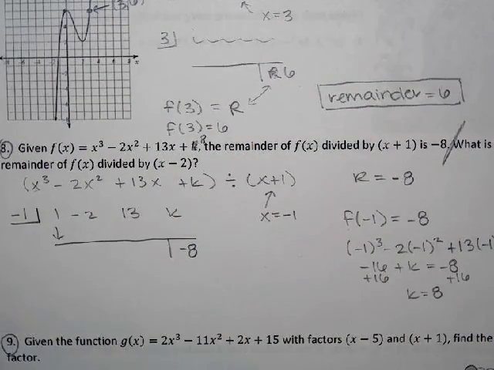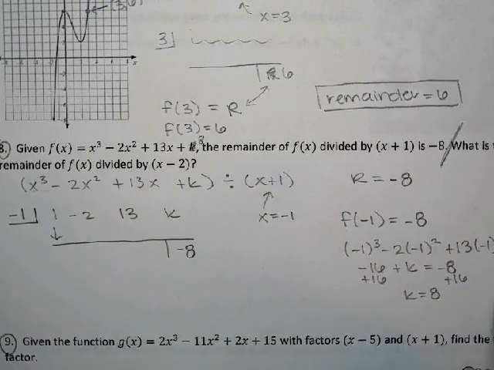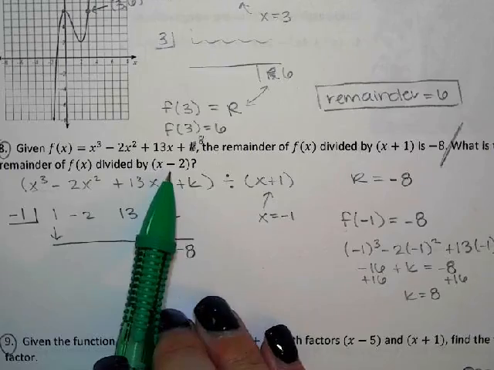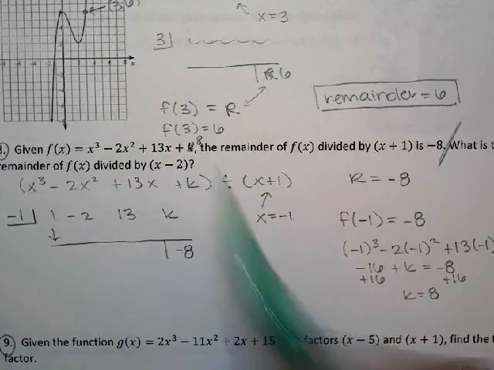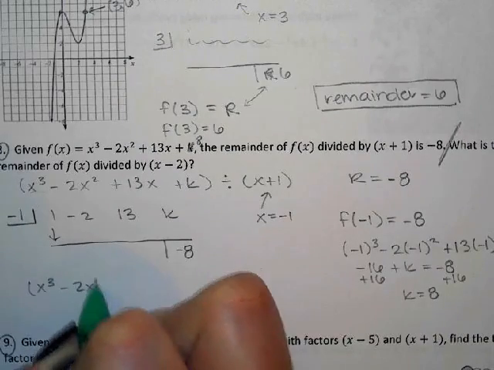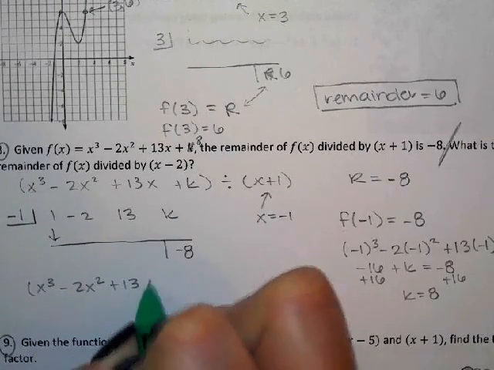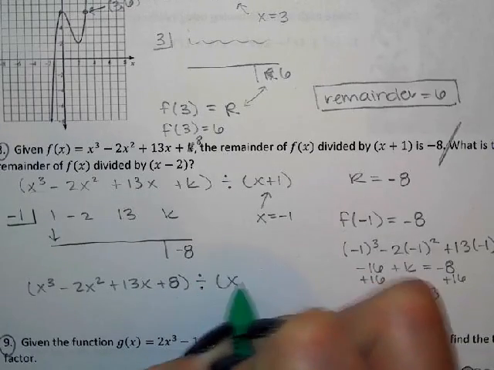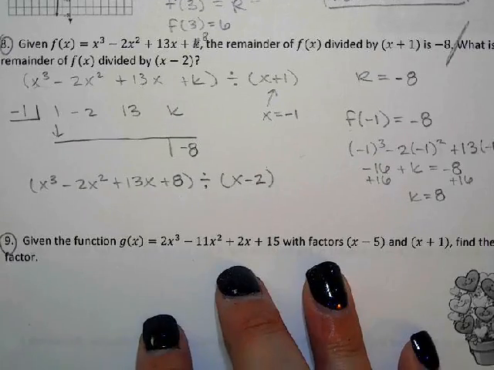Now I can look at the second part of the problem. The second part of the problem says, what is the remainder if you take this and divide it by x minus 2? Okay, so now I'm going to take x to the third minus 2x squared plus 13x plus 8 and divide it by x minus 2. So same thing, we're going to set up that synthetic division problem.